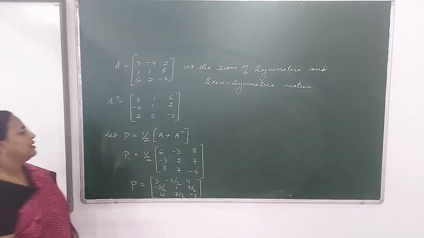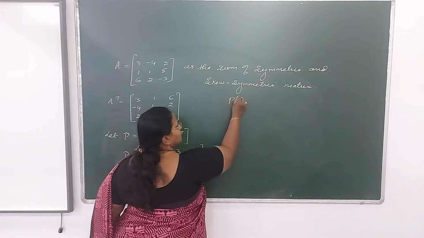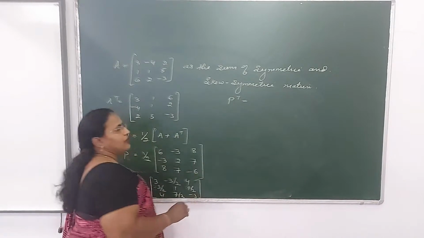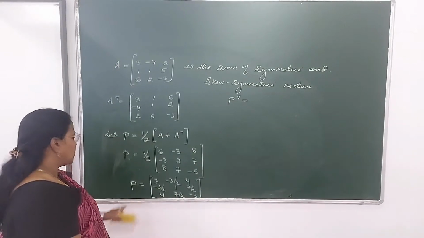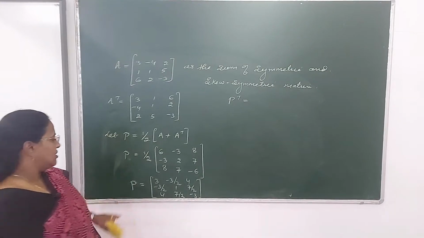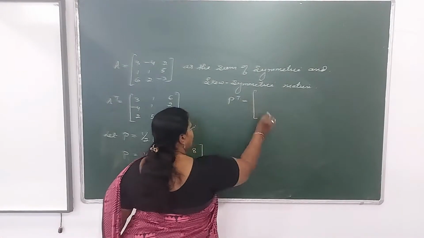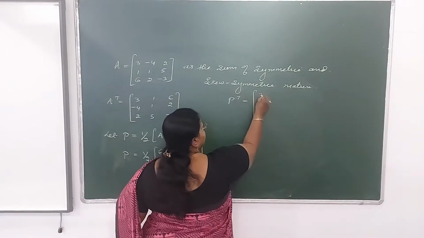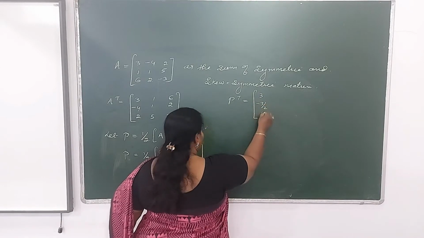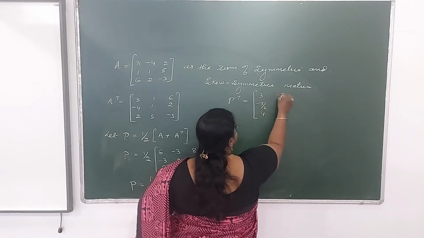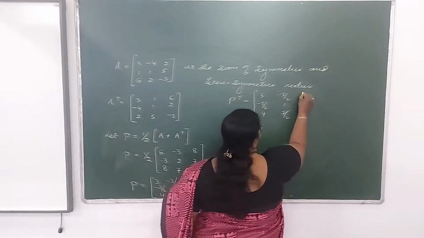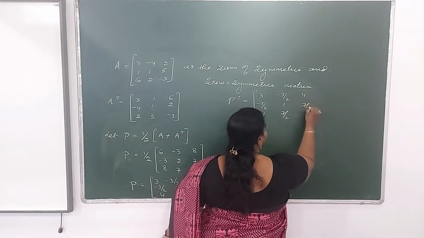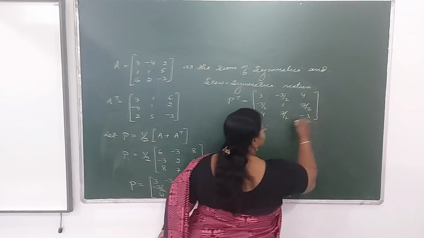Okay. Now let's find out the transpose of this. So that will be proving that P is a symmetric matrix. So get the transpose of this. So write it down. So P transpose, here you will get 3, minus 3 by 2, 4, minus 3 by 2, 1, 7 by 2, 4, 7 by 2, minus 3.